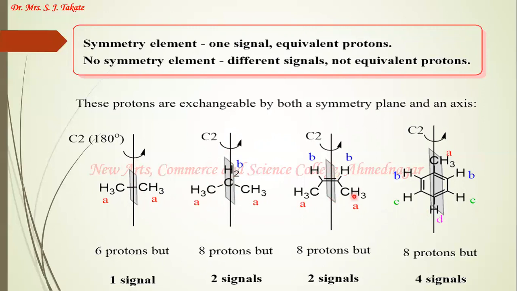So in this case also the B protons are homotopic protons and the methyl groups are also homotopic. They are chemically equivalent. B protons are chemically equivalent, C protons are chemically equivalent. C2 is present as well as a plane of symmetry.